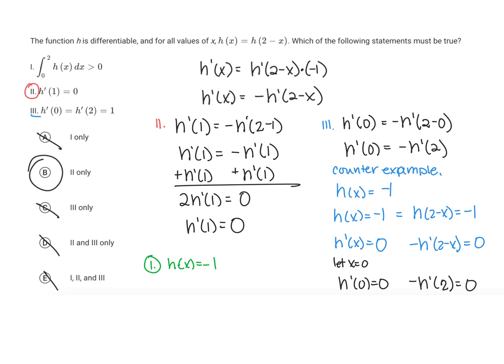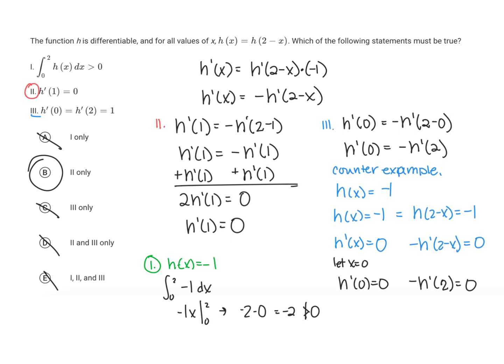If we take the integral from 0 to 2 of negative 1 dx and integrate this, I'm going to get negative 1x evaluated from 0 to 2. When I do that, I get negative 2 minus 0, which equals negative 2, and that is not greater than 0. So condition 1 can be ruled out.